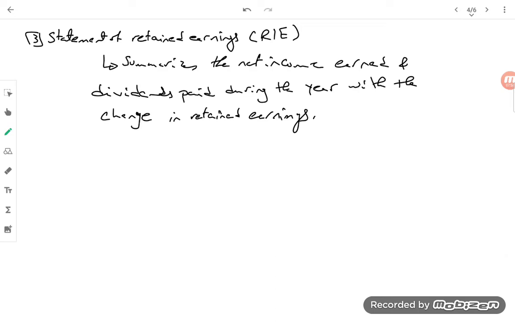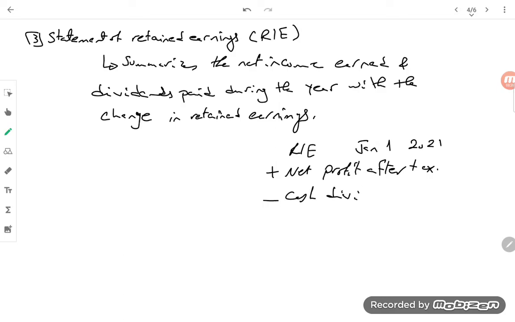So this means it's like a summary of the retained earnings at the beginning of the year or a specific period of time, say January 1st of 2021, and then we have to add net profit after tax minus cash dividends, preferred stock or common stock. This is paid during the year, the current year.